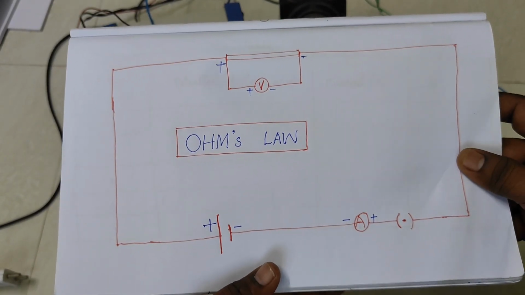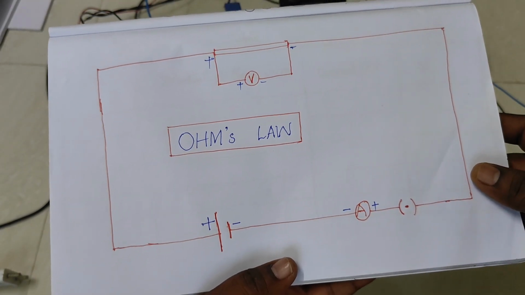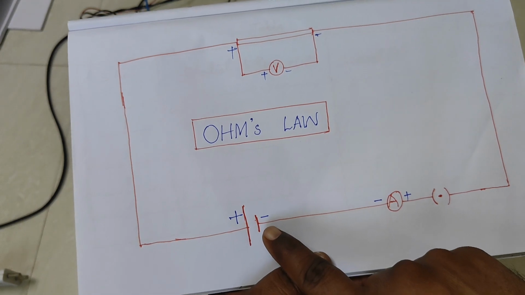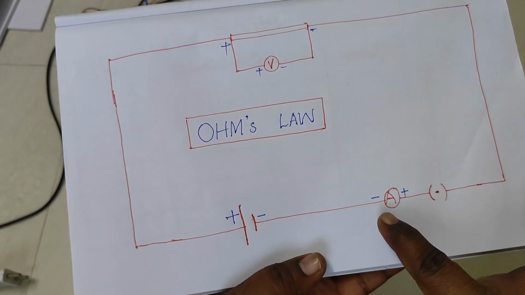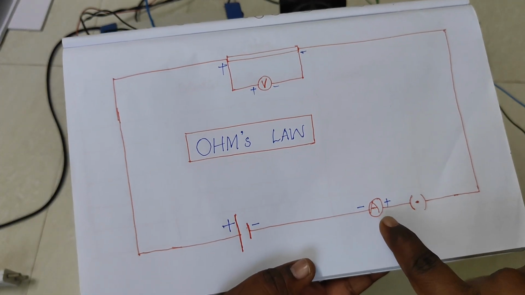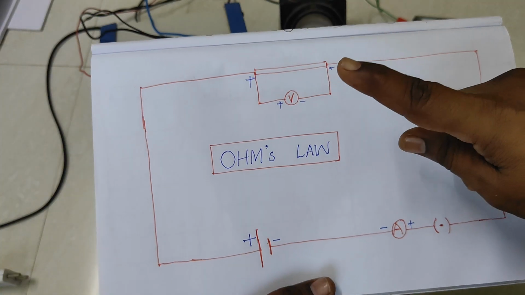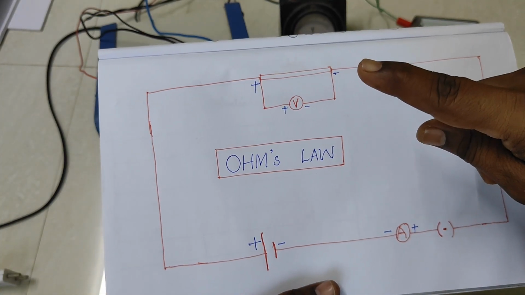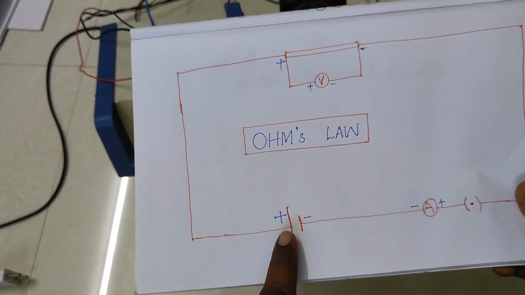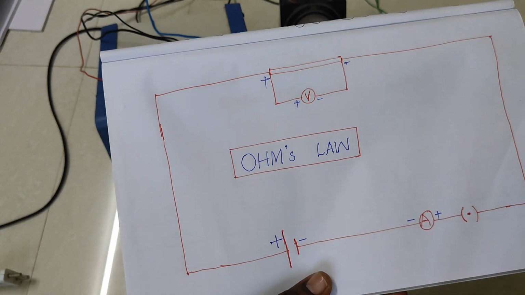So this is the circuit diagram of Ohm's law, given in the textbook. See here. The negative terminal of the battery is connected with the negative terminal of the ammeter, and the positive terminal of the ammeter is connected with the iron spoke, and the positive terminal of the battery is connected with the other end of the iron spoke.